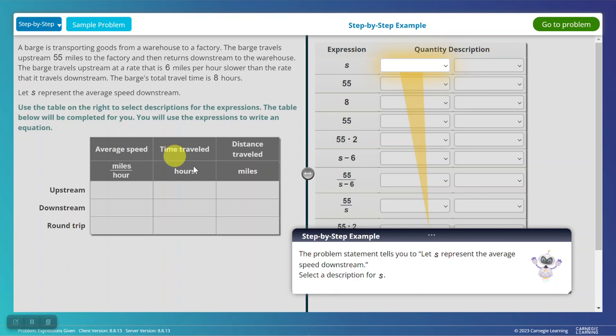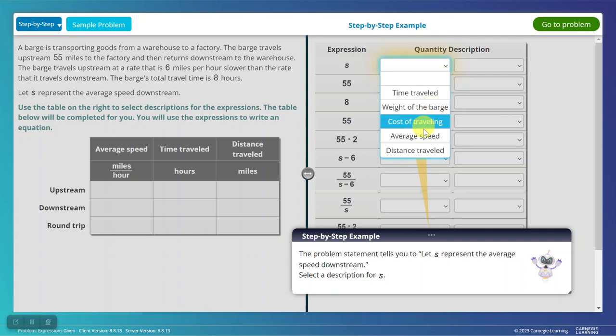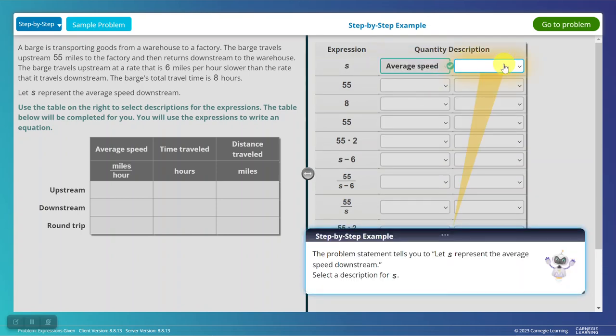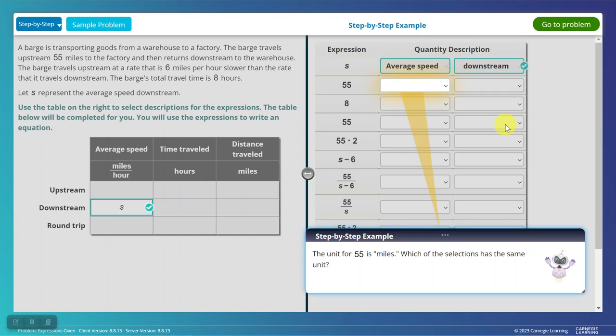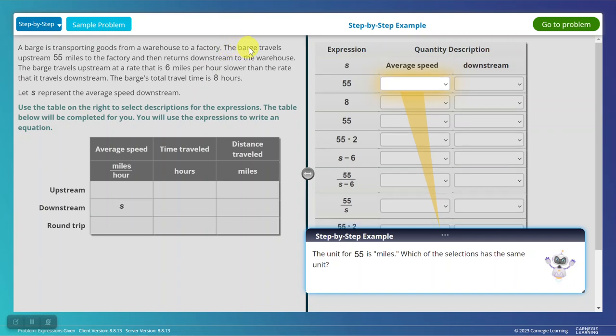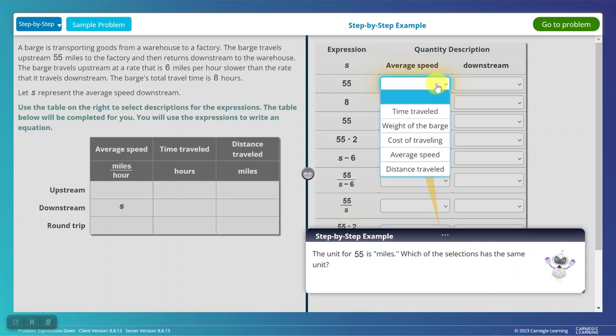Okay, so we've got all these expressions. Quantity description. So the problem tells you that S represents the average speed downstream. So average speed downstream. Okay, easy peasy. All right, what does the 55 represent? So let's read it. The barge travels upstream 55 miles. That is a distance. The miles tells us it's a distance, not a speed or anything.